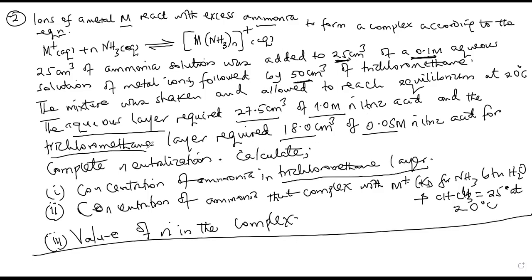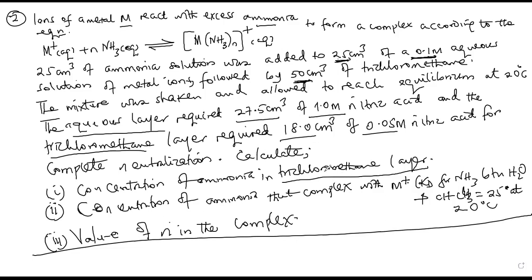They say that the trichloromethane layer required 18 of 0.05 moles. So get moles of nitric acid, write the equation between nitric acid and ammonia, and get moles of ammonia. After getting moles of ammonia, you have what the trichloromethane layer holds, 50. So if 50 cubic centimeters contains the moles of ammonia you will have gotten, what about 1,000? That will give you the concentration of ammonia in the trichloromethane layer.